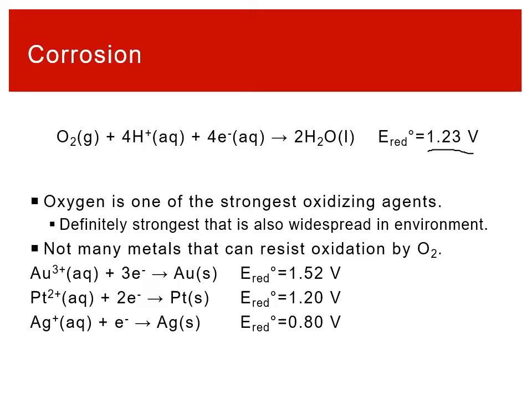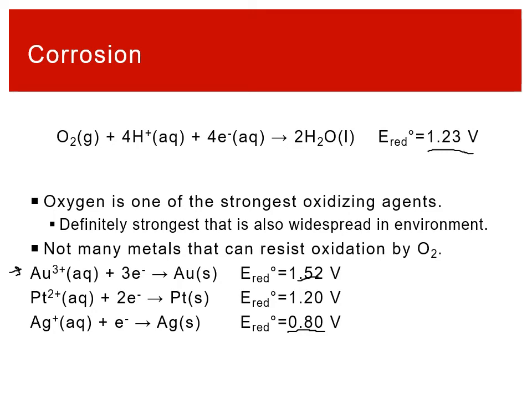If we look at, say, gold, Au, in our top row, we can see that gold 3+ is better at reducing, 1.52 is a higher voltage, so that would stay as Au3+, or as basically solid gold; the reaction won't swap. But if we look at something like even Ag, silver, at 0.8 volts, that is less positive than the 1.23 of oxygen, so it would invert.